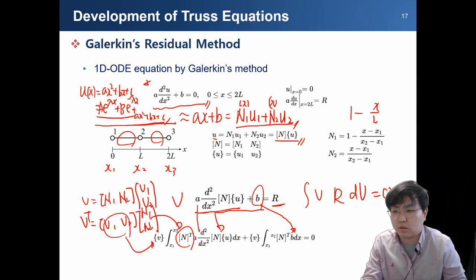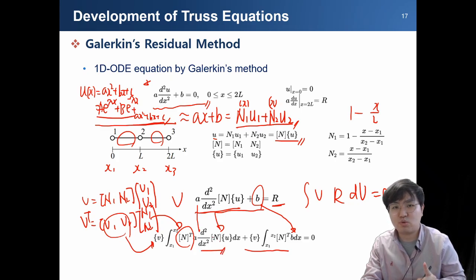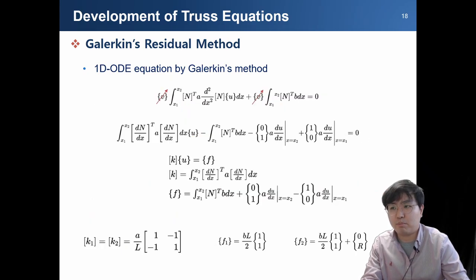This part contains the same part, and this part is always equal to 0. It is because the shape function is a first order polynomial, so the second derivative always returns 0, so we should apply the integration by parts technique here.